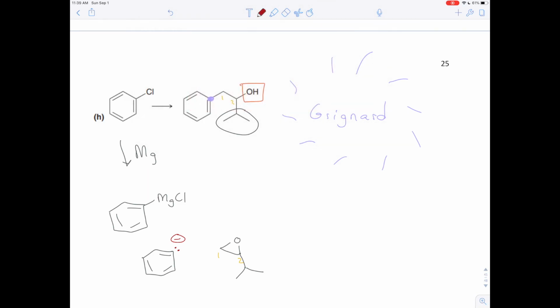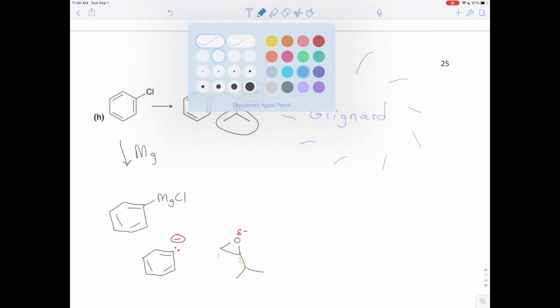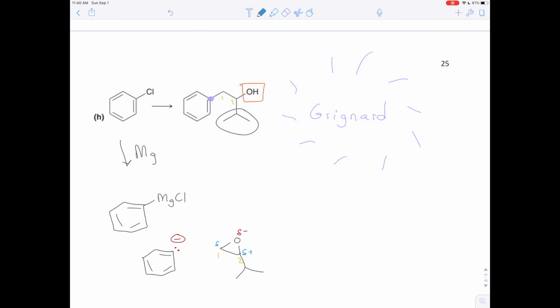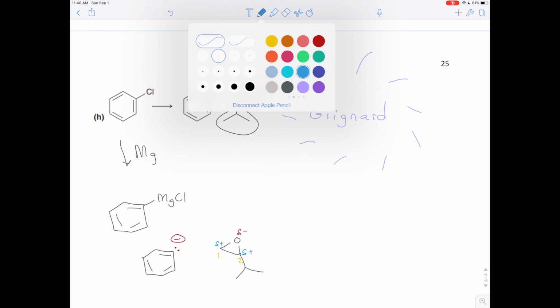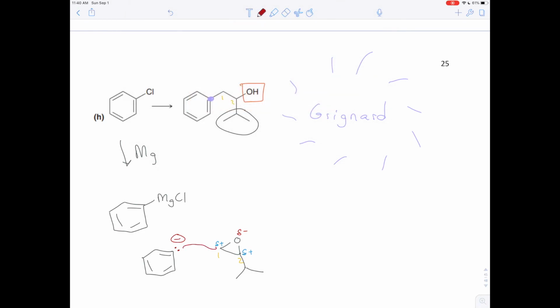Okay. Grignard reagent attacks the less, and I should draw these charges in. So oxygen slightly negative, the carbons are slightly positive. Notice that the carbon on the left is less crowded. It isn't bonded to as many carbons, so that's the one the nucleophile attacks.